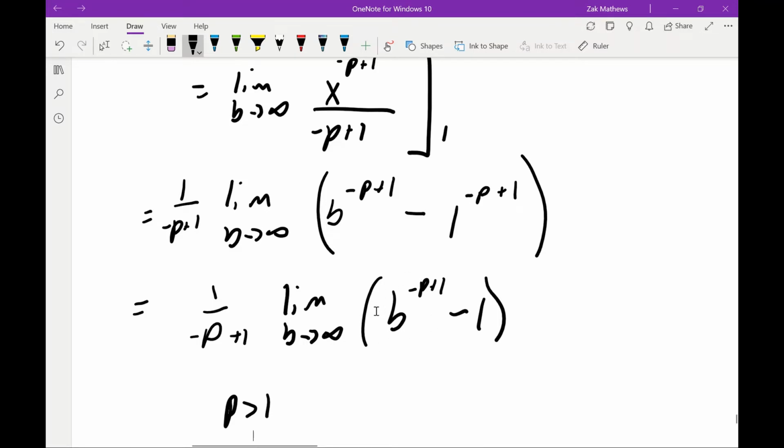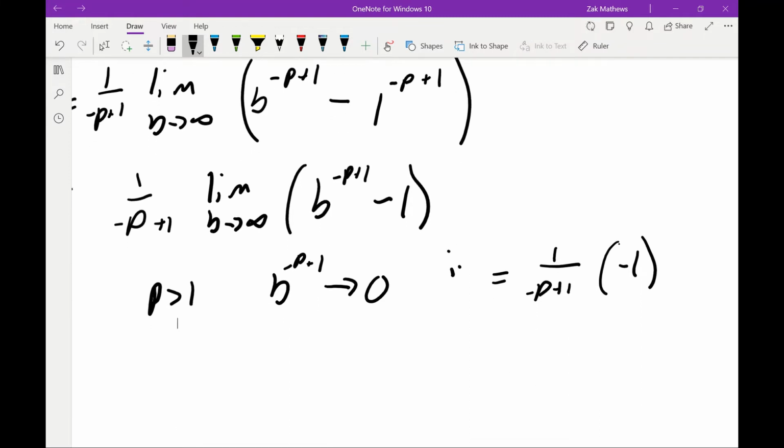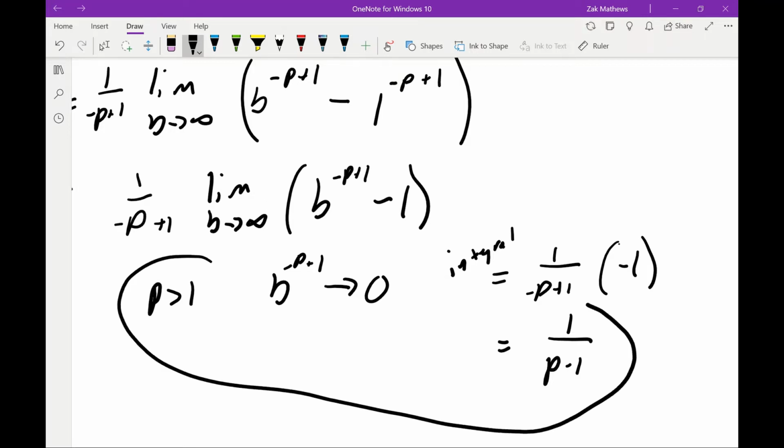So if p is greater than 1, b to the negative p plus 1 is going to 0, meaning we would be left with 1 over negative p plus 1 times a negative 1, I should say the integral, and we would get 1 over p minus 1. So if p is greater than 1, then the integral is equal to this. It converges.